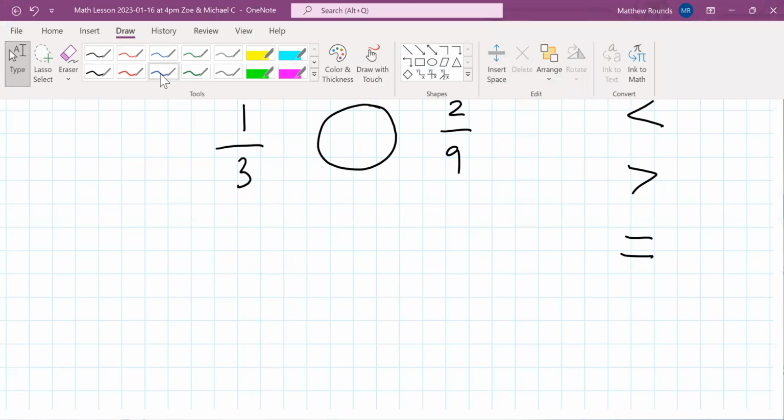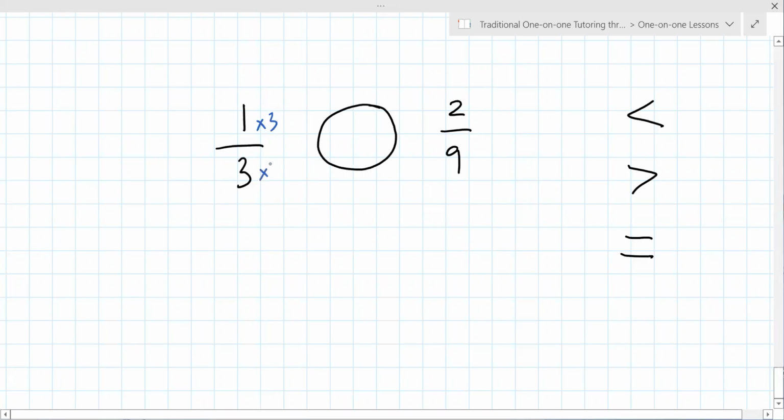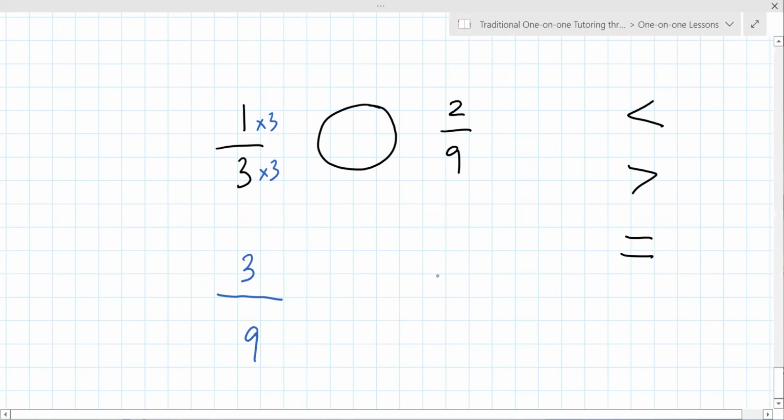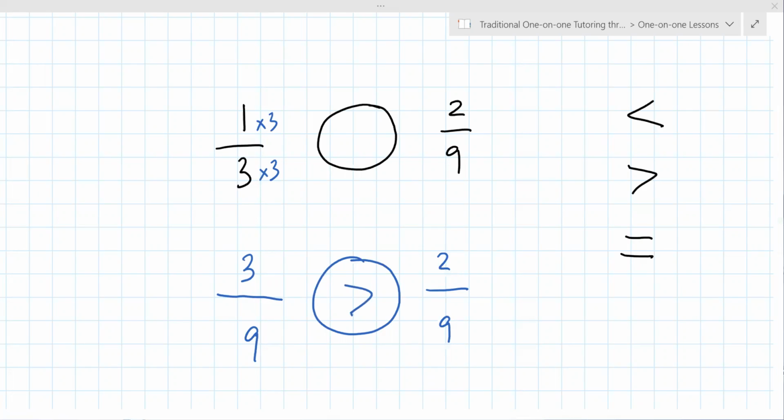So you multiply the top and the bottom by 3. What is that new fraction that you get down here? 3 on top and 9 on the bottom. Okay. And then what symbol goes in here? Greater than. Good. Any questions on this? Because I want to give you some to try on your own now to see where you may be having questions for this. No.